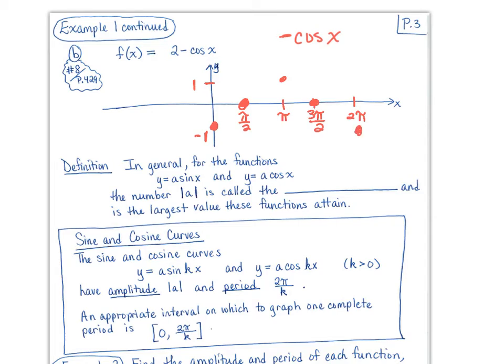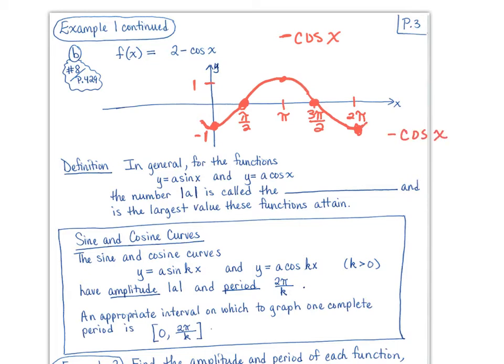Good. So this gives us 1 period of negative cosine of x. So this is negative cosine of x.